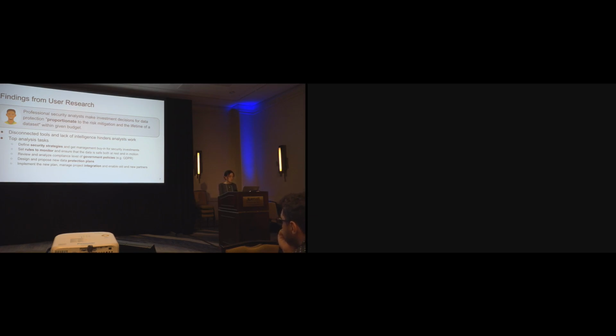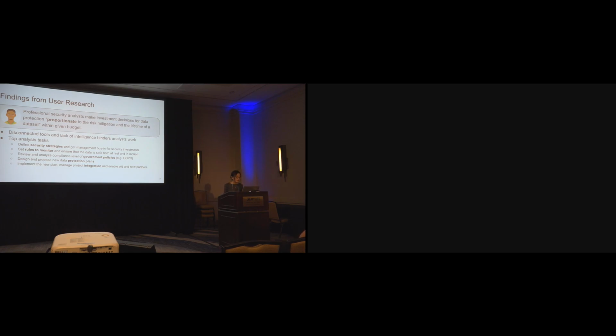So we define our user persona as professional security analysts who make investment decisions for data protection, proportionate to the risk mitigation and the lifetime of a data set with a given budget. That is to decide what data needs protection and whether it's worth the protection.